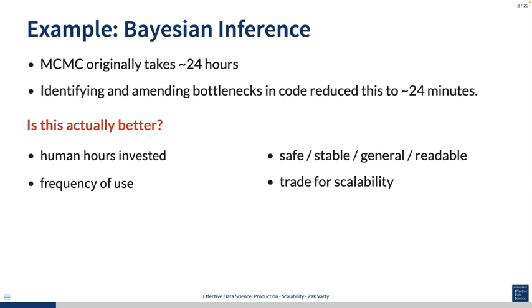You might speed up each individual sampling by removing some of the checks and thus making the MCMC scheme slightly less safe or less stable, or you might have to use more specific versions of functions that are really tailored to a particular task, making the overall code less general. An alternative approach is to use different programming strategies that more directly address the problem that you're trying to solve, but do so at the cost of making your code more difficult to read. An example of this might be implementing the same algorithm, but in a lower level programming language.